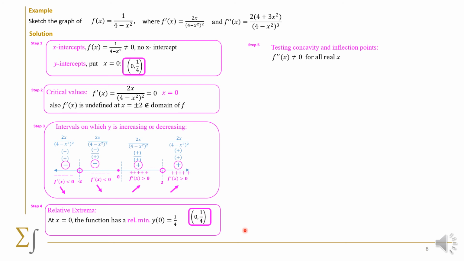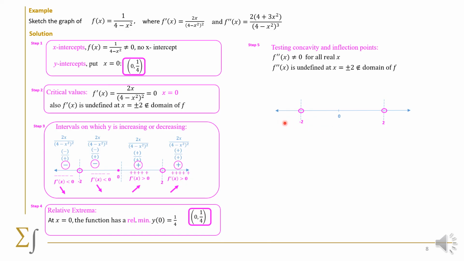The second derivative can never be 0 because we have again x squared times 3 plus something positive. This is never 0 for any real x. So we do not have any x which will make the second derivative 0, but we have the second derivative undefined for plus or minus 2. But remember, they do not belong to the domain of f. Still, we'll study the concavity, or the sign of the second derivative, to the right and left of each of these values.